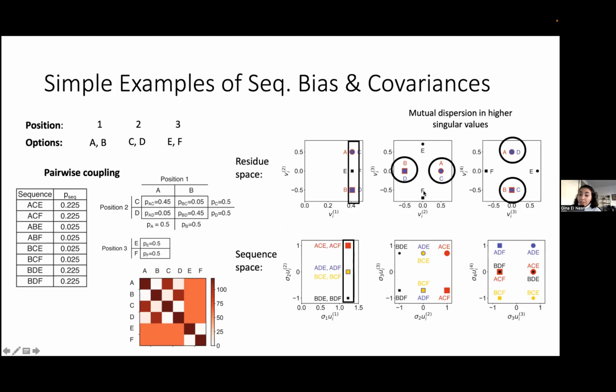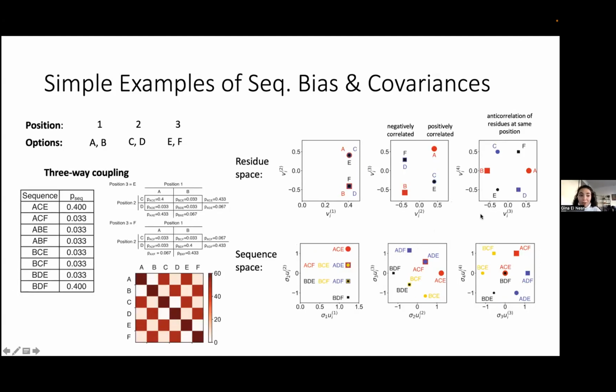And so there's this mutual dispersion in the higher singular values where B and D always co-occur and A and C always co-occur. And that makes sense because A and C have this higher probability together and B and D have this higher probability. So they will separate, they will disperse, along those axes in the higher dimensions. And they continue to be like that as you go down the second, third, fourth singular values.